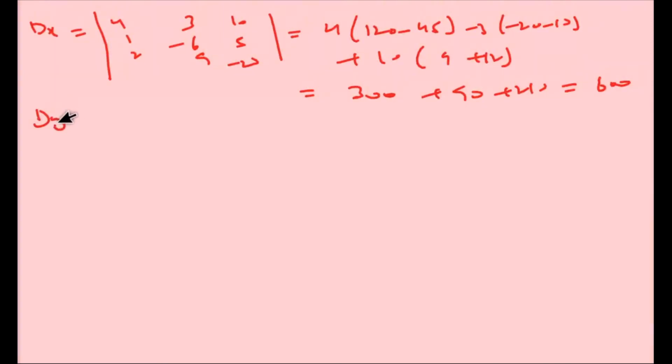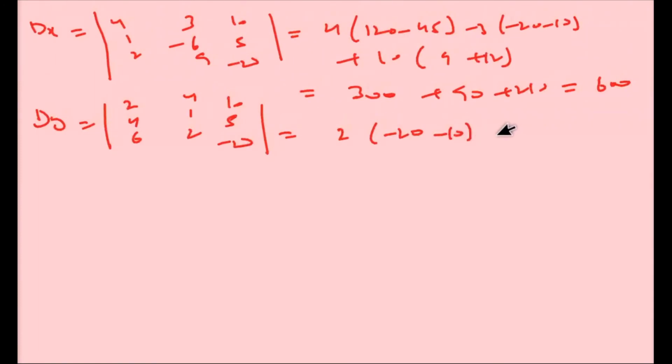Okay, now we can find dy similarly by changing the second column by 4, 1, 2, and similarly we can solve it from R1: minus 20 minus 10 and minus 4.